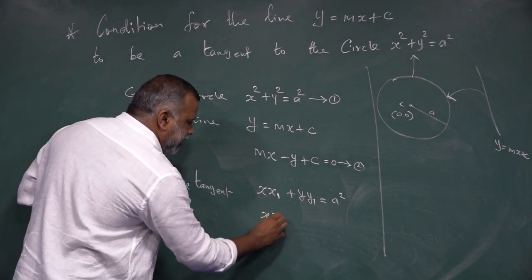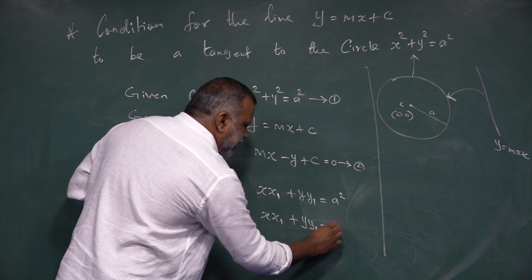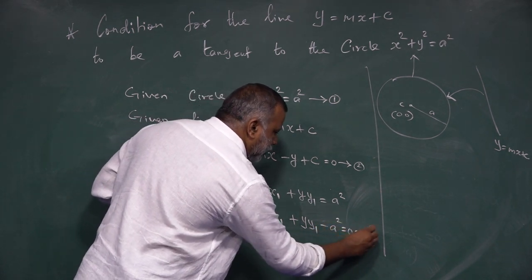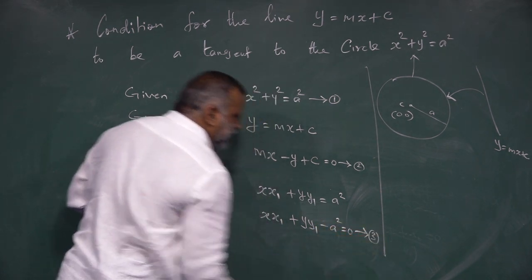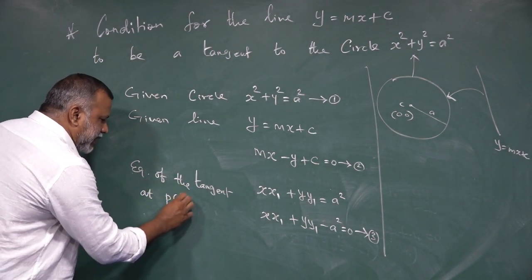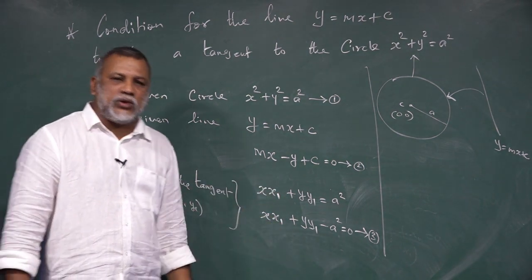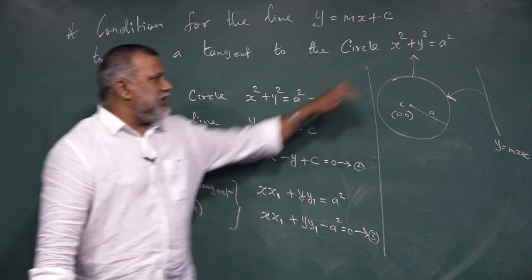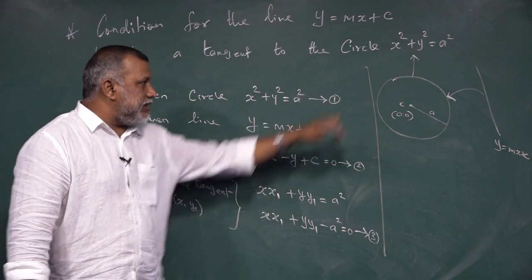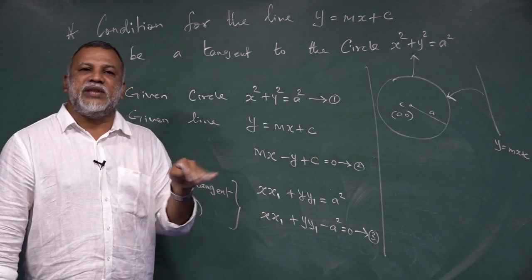Converting to the same side, we can write xx1 plus yy1 minus a squared equal to 0. So the equation of the tangent at P of x1 comma y1 is xx1 plus yy1 minus a squared equal to 0. This is the equation of the tangent.